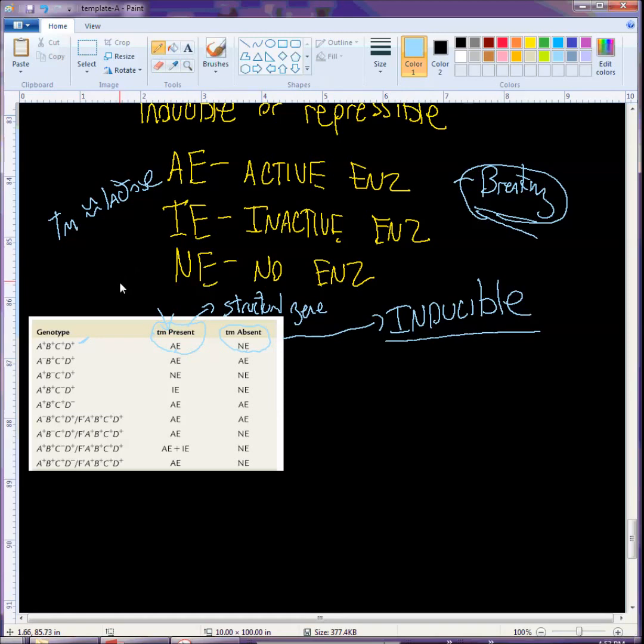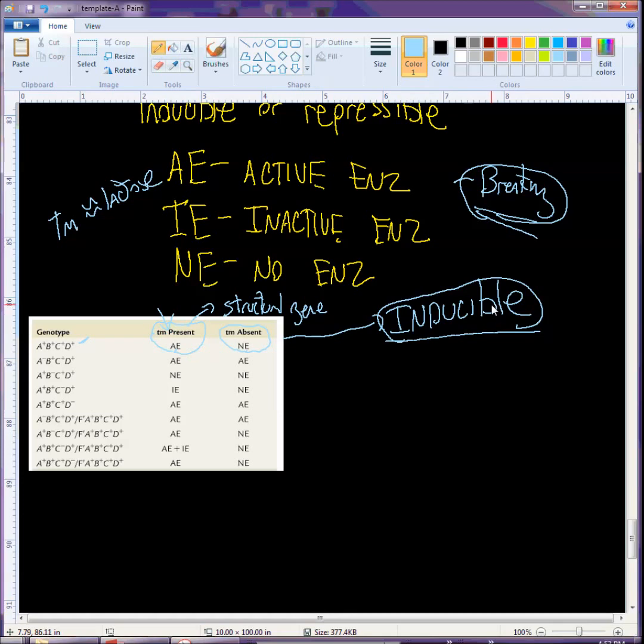So trp is like a repressible operon. This is more like the lac operon. You add the effector molecule, in this case TM. In the case of the lac operon, it's lactose. You add those, and the structural genes are produced, transcribed. Okay. So the first part of the question is done.